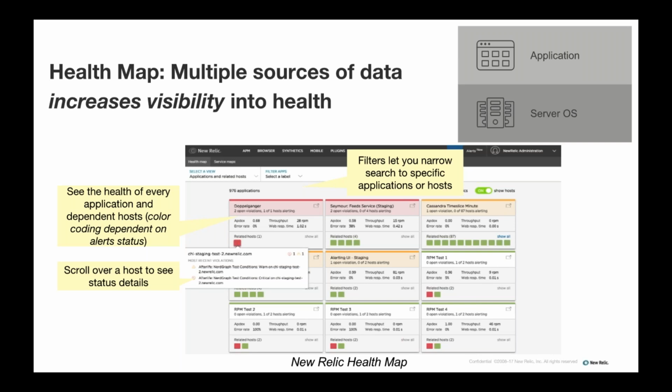So you can look at it with the lens of application or with the lens of the infrastructure. And again, Health Maps provides you both the KPIs that you need and traffic lights that help you quickly identify where the issues and bottlenecks are, so you can take immediate action on those applications or services.